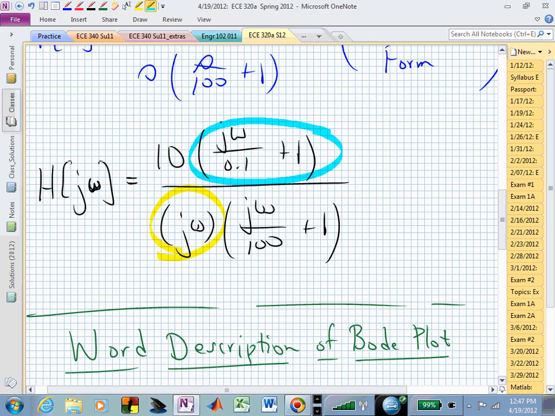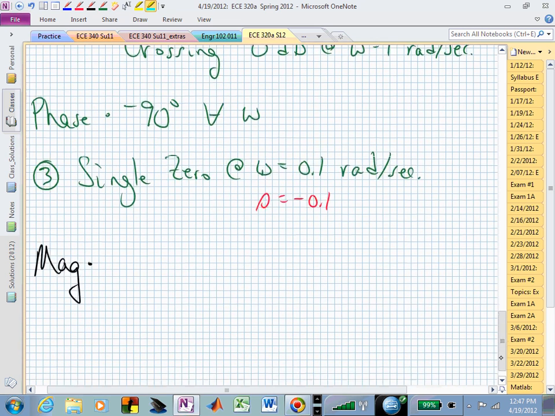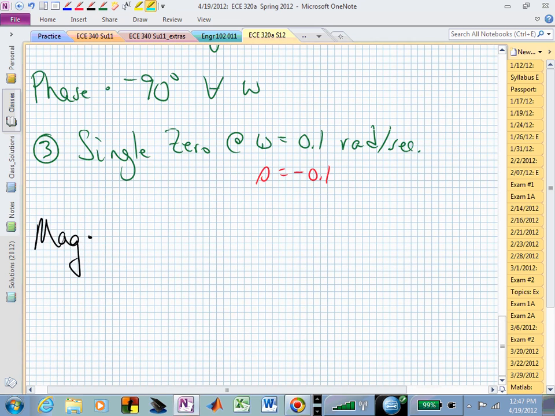And because it's a zero, it's going up at plus 20 dB per decade. We have it flat for small frequencies, and going up for high frequencies, and where those two intersect in our straight line approximation is right at the break frequency.